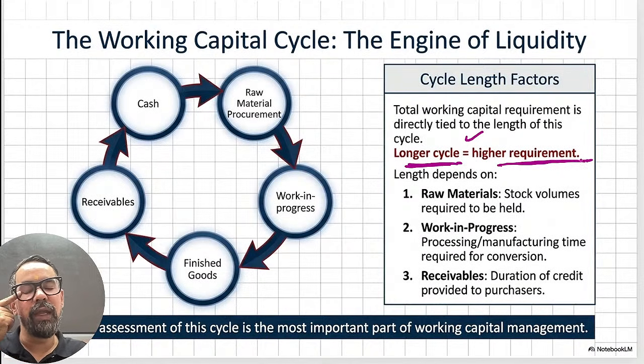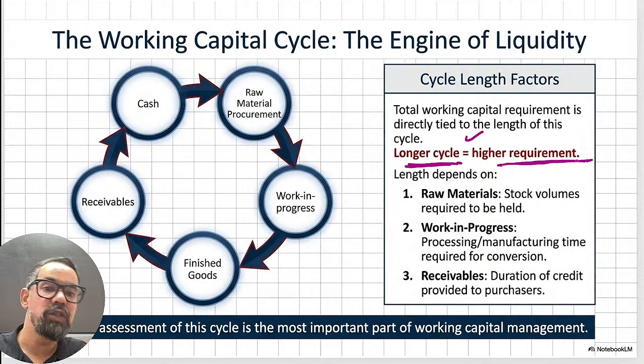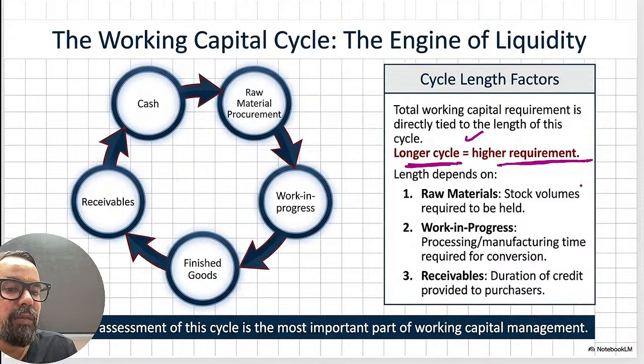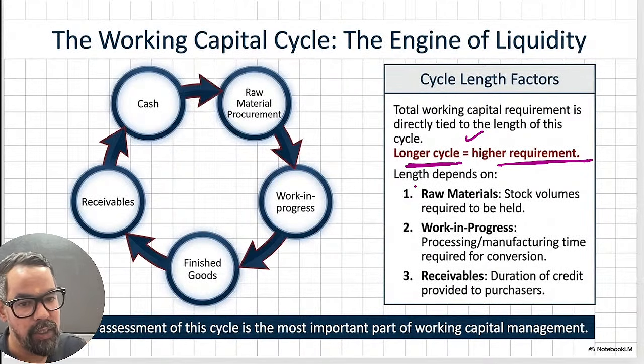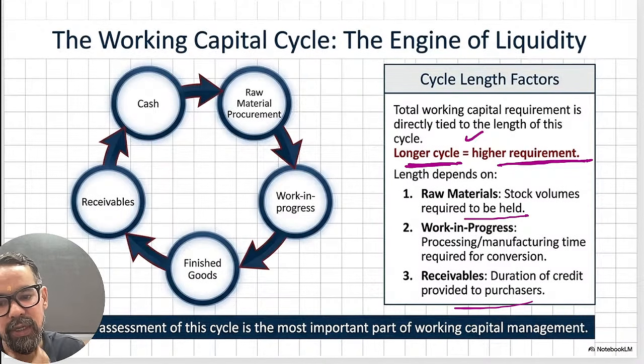Like if it is a seasonal business or construction project and others, they have a longer cycle, so they'll require higher working capital. Utility businesses will have lesser requirement, because their cash generation is on a higher side itself, right? So raw material stock volume required to be held, work in progress and receivables, which we have discussed earlier also.